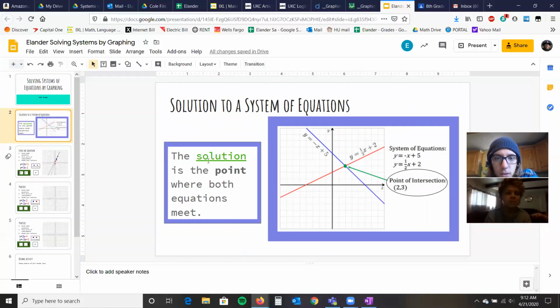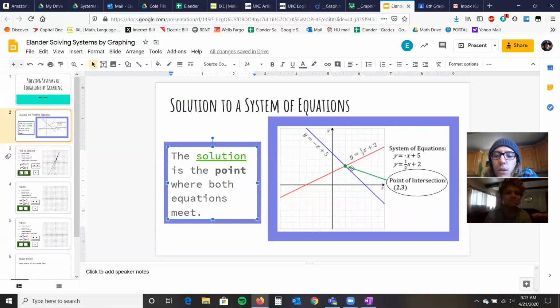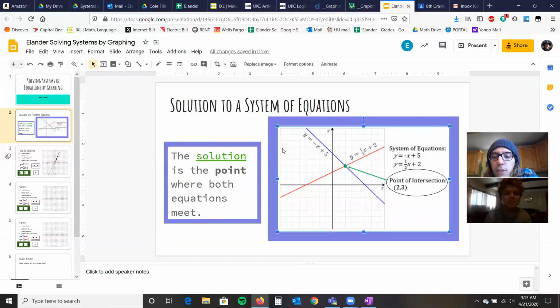Okay? So we already said this, the solution is the point where both equations meet. If they're parallel lines, are they ever going to meet? What do you think, guys? We did one of these on Thursday. If they're parallel lines, are they ever going to touch? No, exactly, guys.